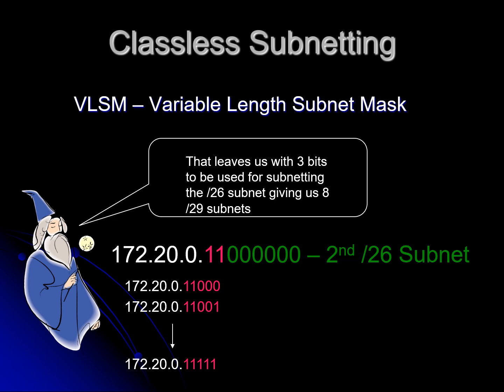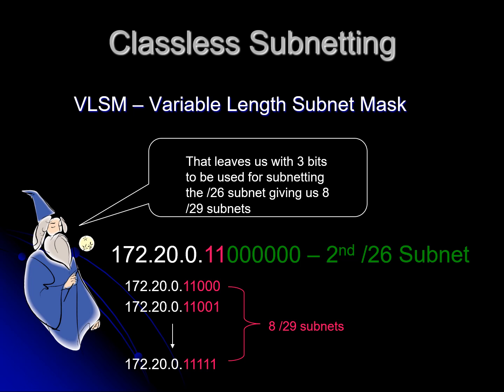So your subnets will now, you started off with /26. Now you've taken 3 bits from the host bits of a /26, and then you've given them to be used for subnetting. Yeah. So now you end up with a /29. You started off with a /26. You've given that subnet portion another 3 bits to be used for subnetting. Now we end up with a /29, like so.